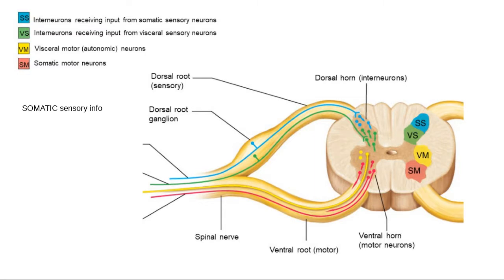Somatic sensory information is going to come from places like your skin, your muscles, your tendons, those kind of places. That's one kind of sensory information we can get. The other kind of sensory information we can get is visceral sensory information. Pardon my typo there. Visceral sensory information. That's information that's coming from your organs.